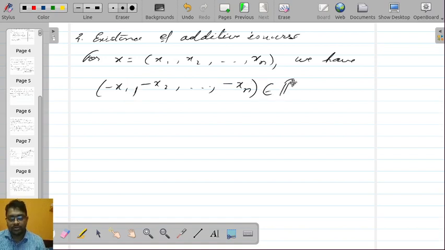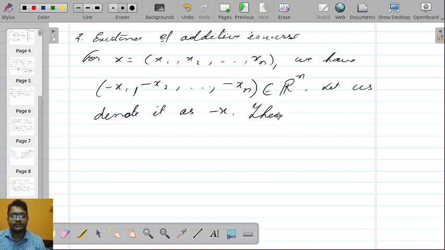This is also an element of R to the power n. Let us denote it as minus x. Then x plus minus x is nothing but 0, because it is a 0 vector.